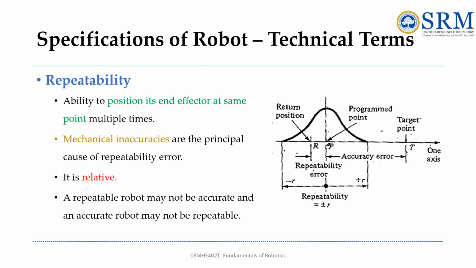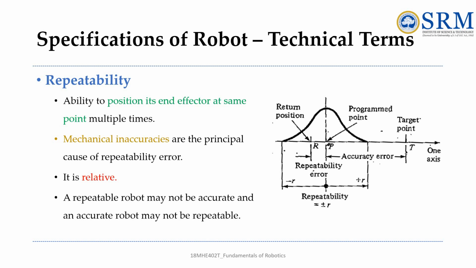The next is the repeatability. It's like how consistent a robot can be in hitting the same spot over and over again. Think of it like a basketball player making free throws. If they can consistently aim for the same spot on the hoop, they are highly repeatable. But here is the twist: just because they can hit the same spot consistently doesn't mean they are always right on target.